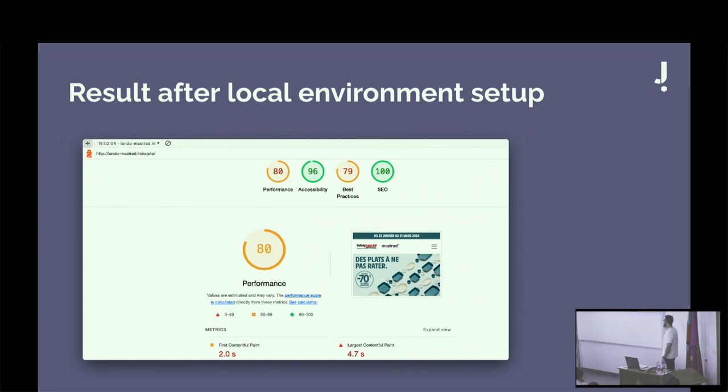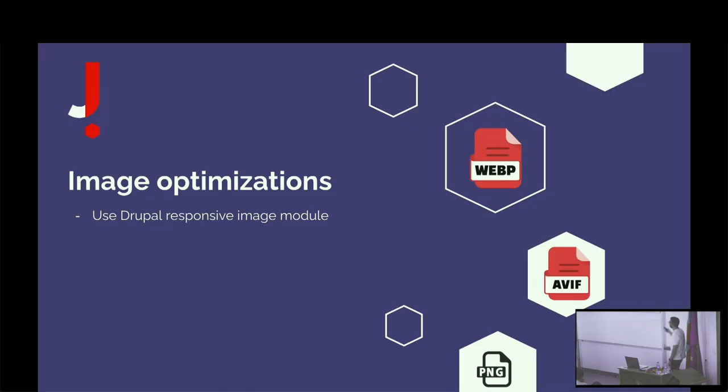And as you see, after the local configuration there is a huge gain in performance, but there are still a lot of issues, and in these best practices it's still not green. So we need to do the image optimizations first, which can give you a lot of gain, and at the same time they're really easy to optimize.